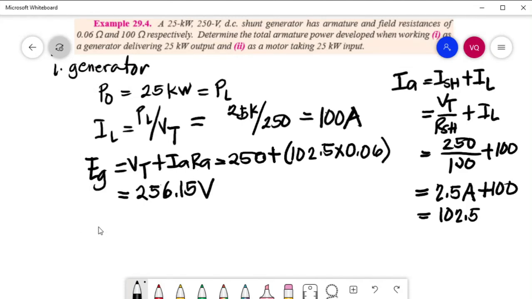So the power developed in the armature, PA, is equal to EB or EGIA.